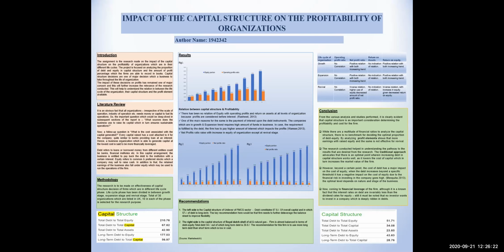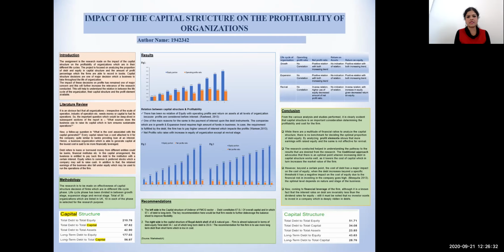So, after analyzing this data, I concluded from various analyses that the profit elements have been different. Operating profit is not showing any impact because it does not consider interest. And net profits rise with the rise in equity.